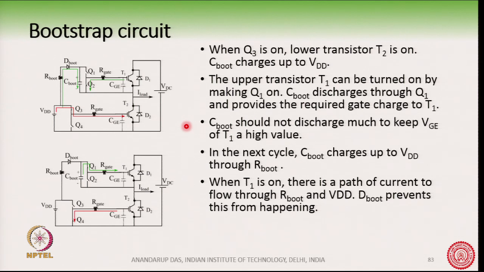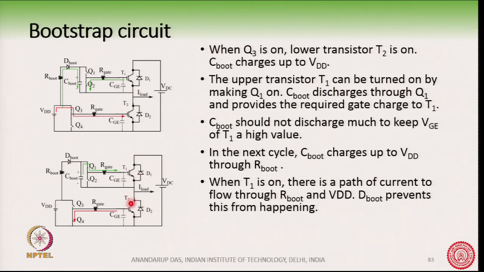Now, suppose I want to turn on the upper IGBT. The upper IGBT can be turned on by turning on Q1. So, I will turn on Q1, and of course, when I am turning on IGBT T1, I will turn off T2.